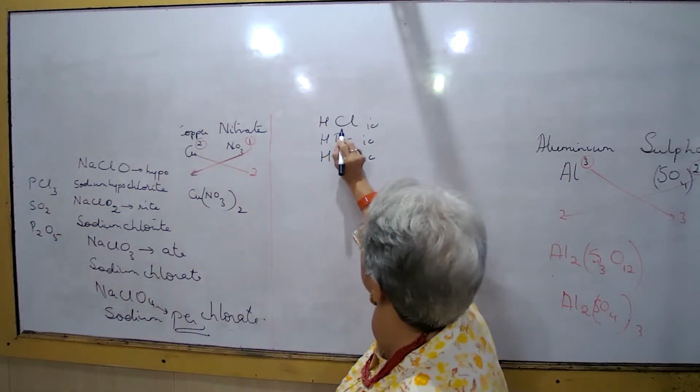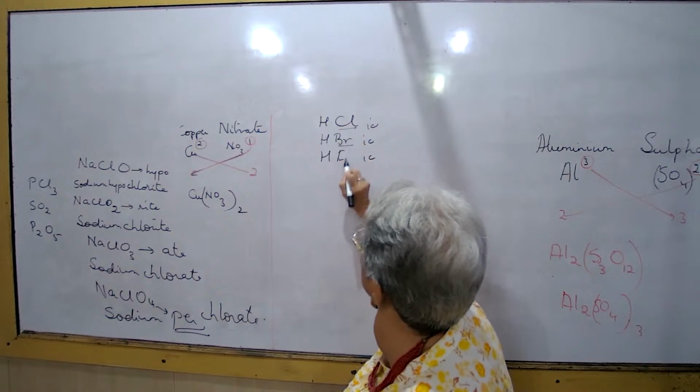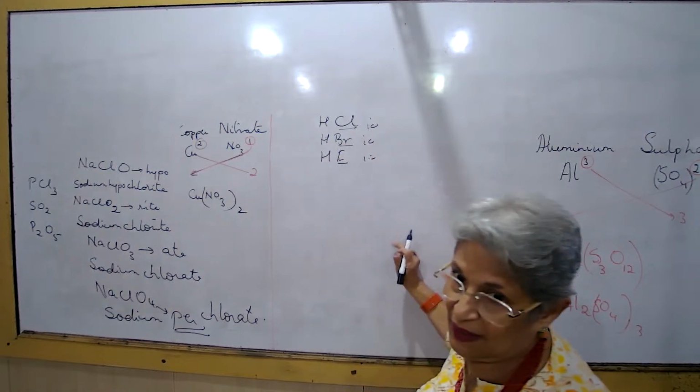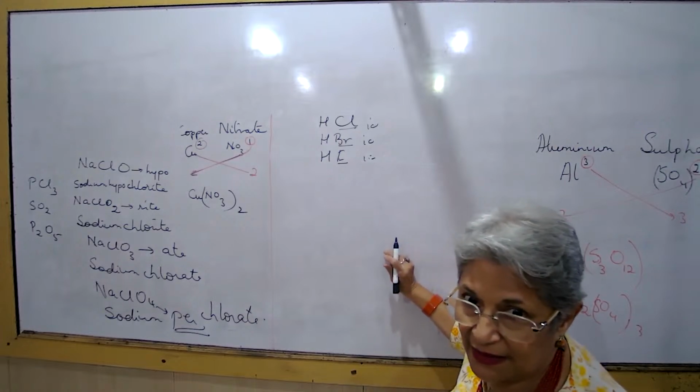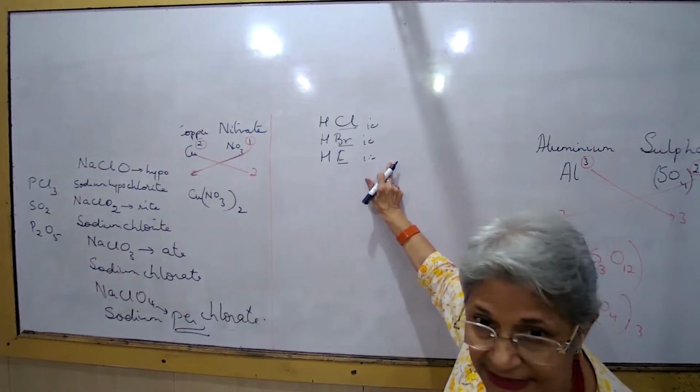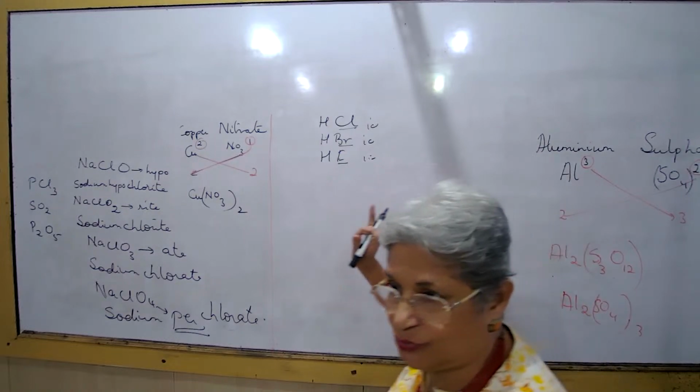The ic comes from here: bromic, fluoric, chloric. Hydrochloric acid, hydrobromic, because there are only 2.